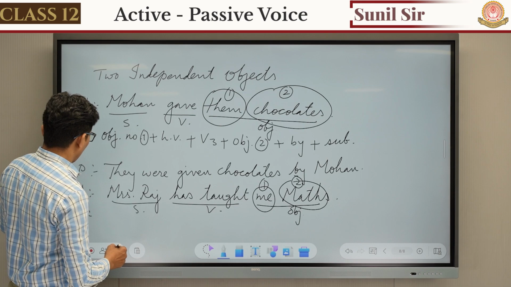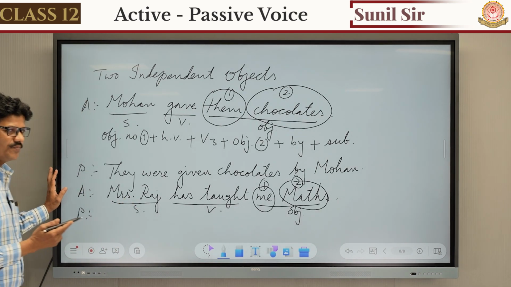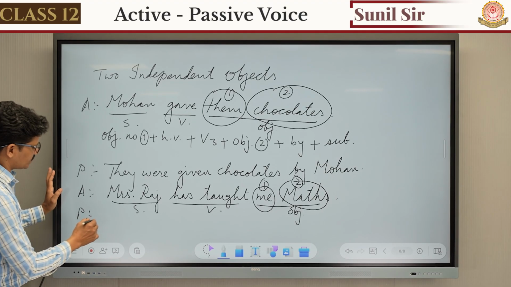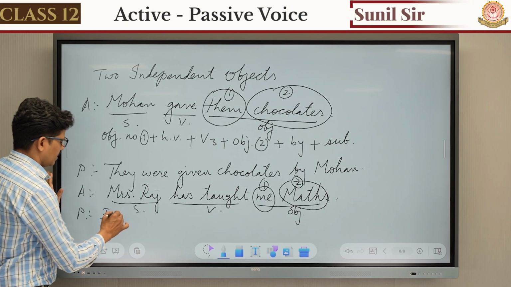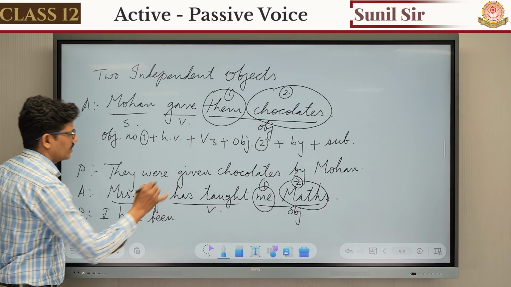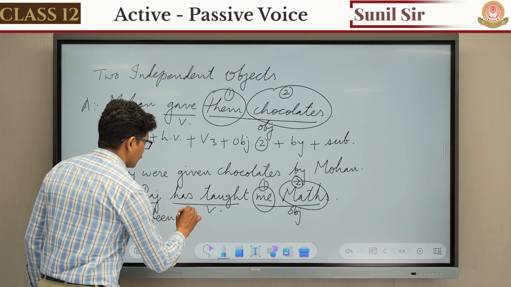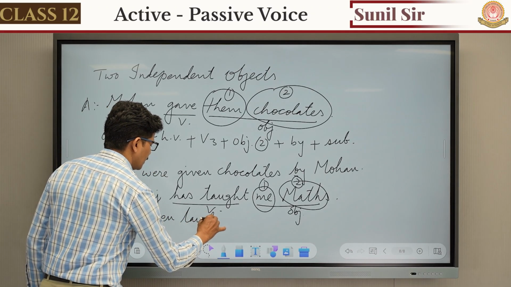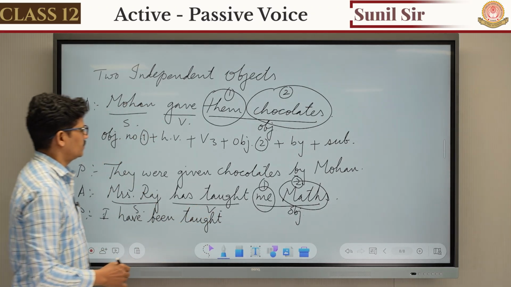So in passive voice, first we take the first object, that is "me". If "me" comes here in the subject place, it becomes "I". Then the helping verb have plus been. Third form of the verb, taught. Taught is already the third form. Yes, I have been taught.